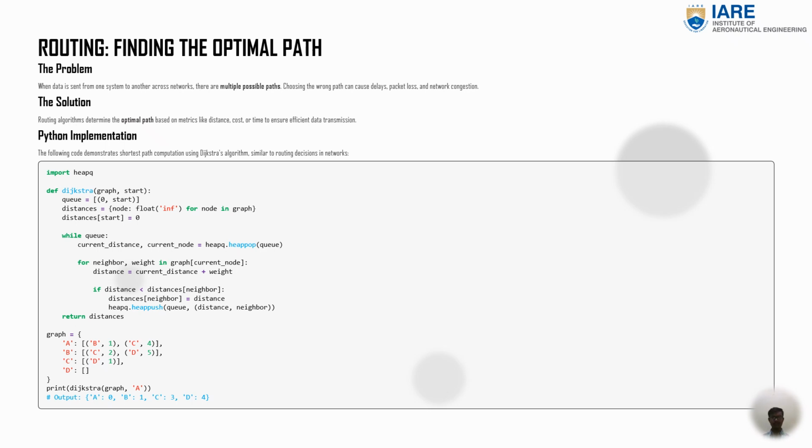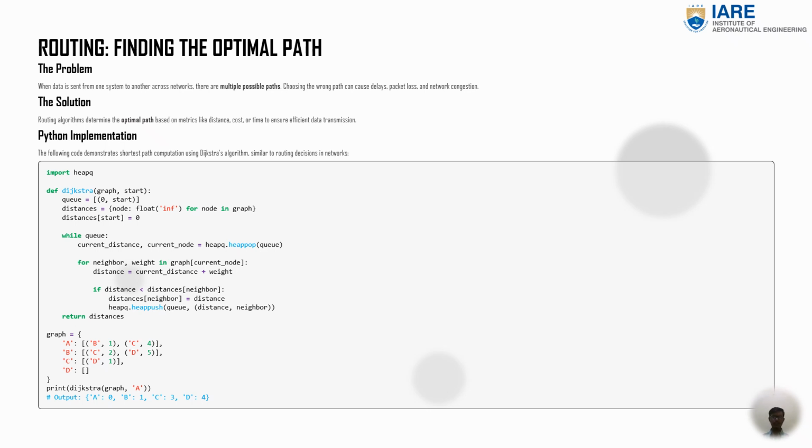In the first place, the import statement. Import heapq. Here, heapq is a priority queue library in Python with a minimum heap. It always gives the smallest element first.